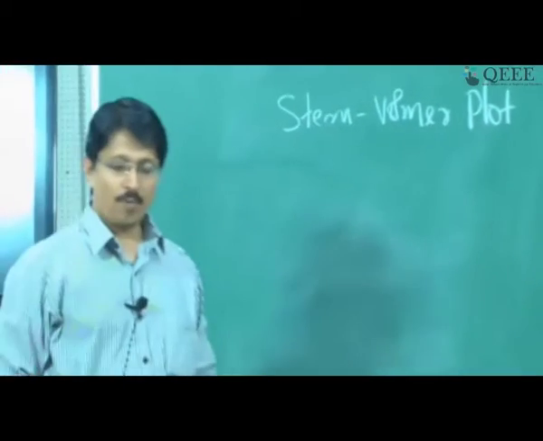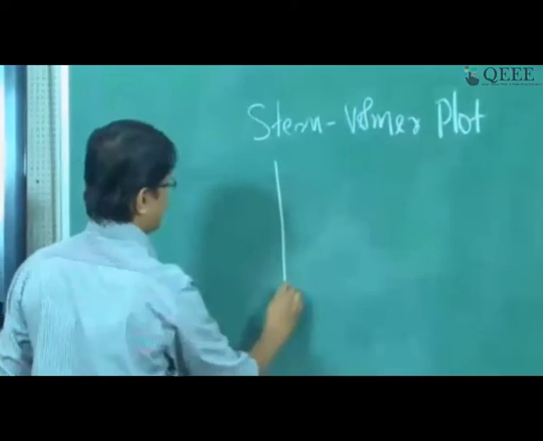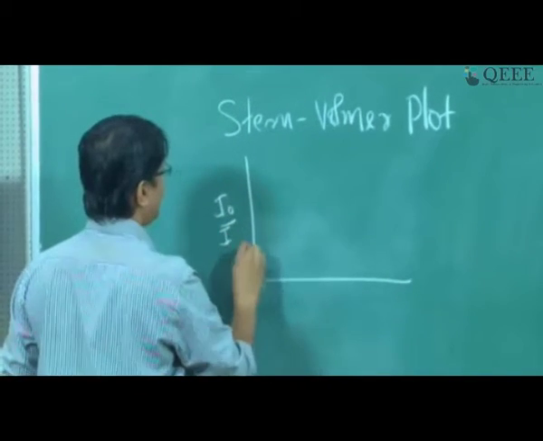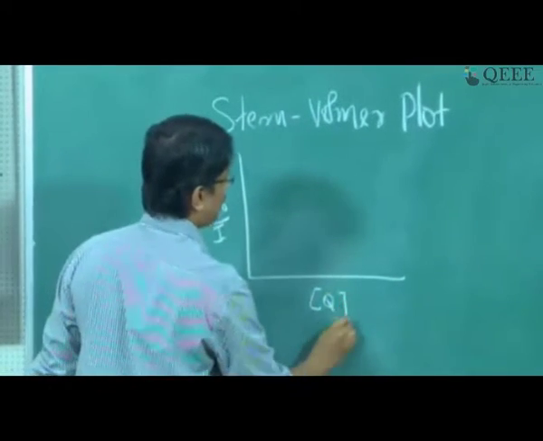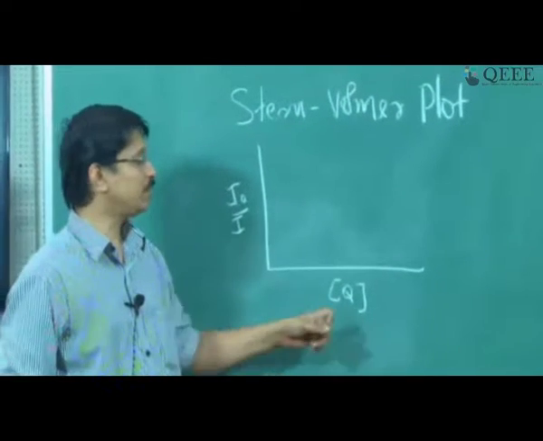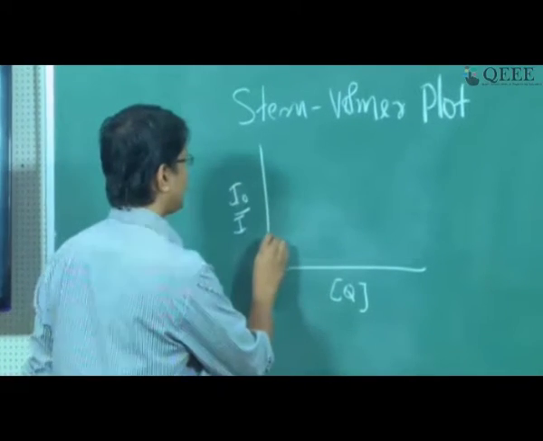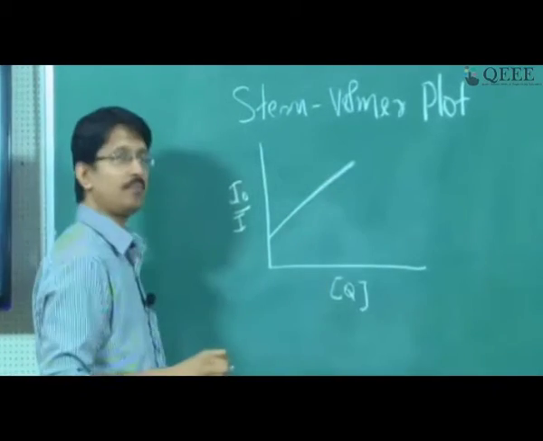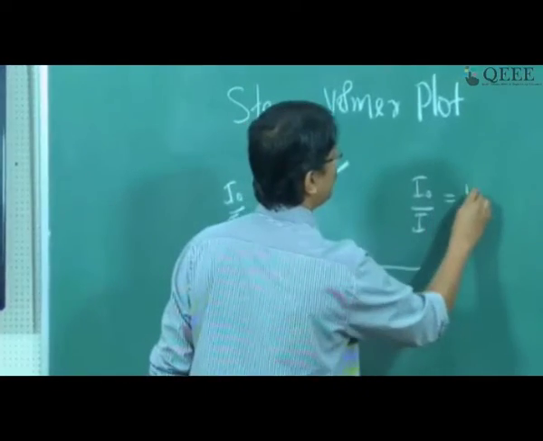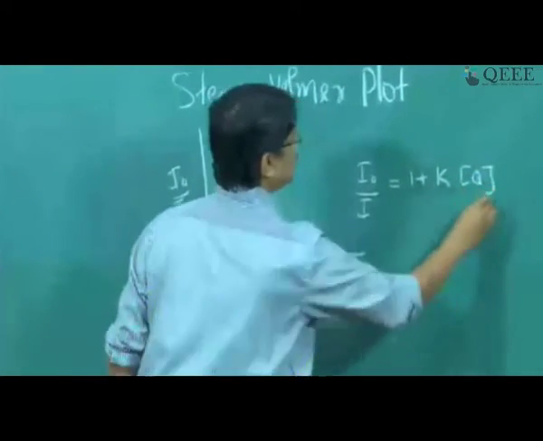Stern-Volmer plot is a plot of I0 by I versus the concentration of the species that you are adding, the quencher concentration. Okay, so you are supposed to get a linear plot. So the equation is I0 by I is equal to 1 plus some constant into quencher concentration.